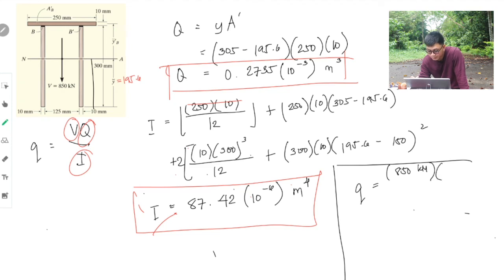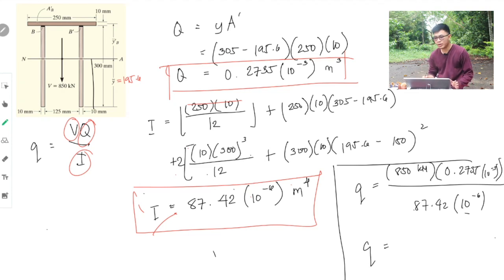The Q, 0.2735 times 10 to the negative 3, over the I, which is 87.42 times 10 to the power of negative 6. And your q is equal to 2.66 meganewton per meter. Are we done?